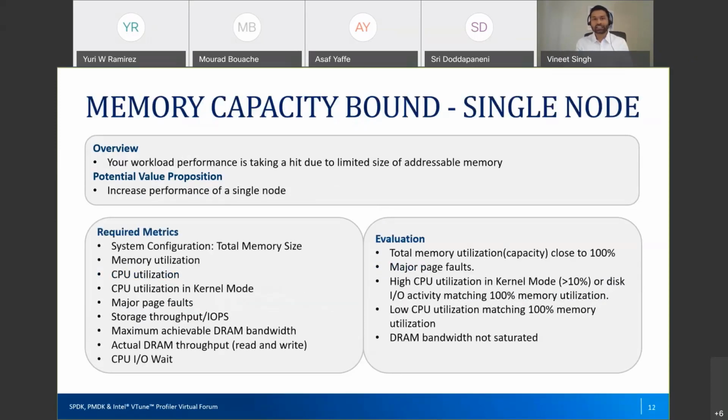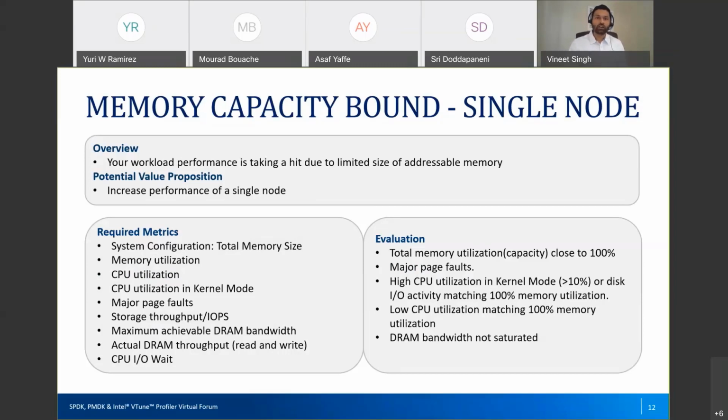So let's start with a simple one: a memory capacity bound application on a single node. In this scenario, your application requires a lot of memory capacity, and whatever memory capacity you have available on your system is not able to meet that criterion. So your application will start swapping, and that swapping can hit your performance.